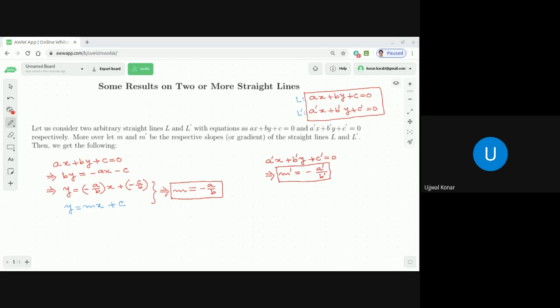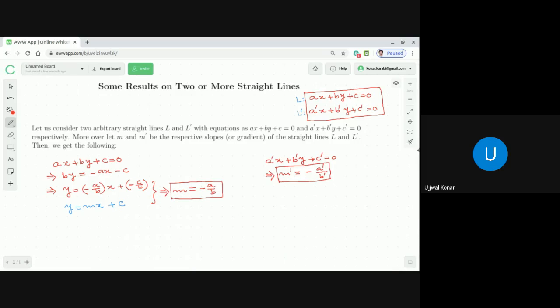So what we get first is that m is equal to minus a by b, and m dash is equal to minus a dash by b dash. Now, what we can observe from here is when two straight lines are parallel. So these are the two things we got.